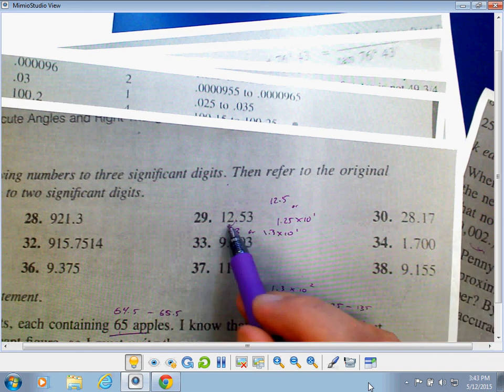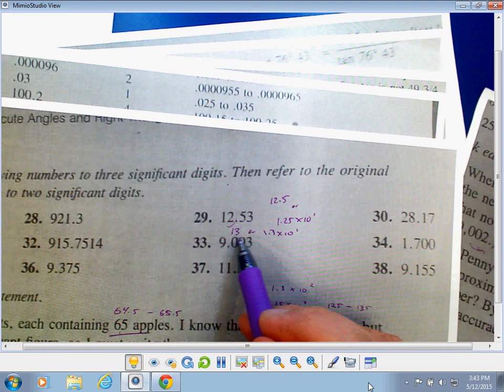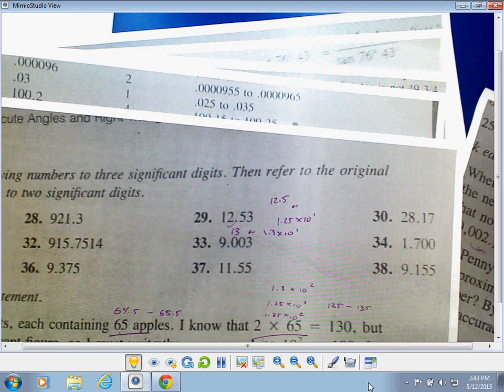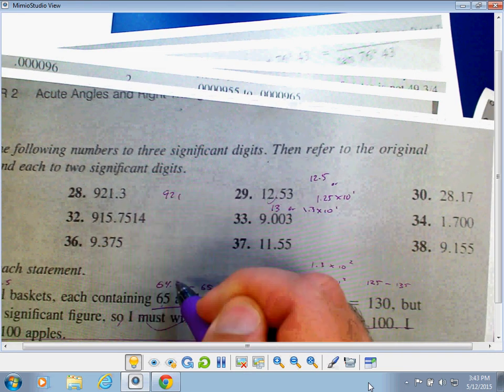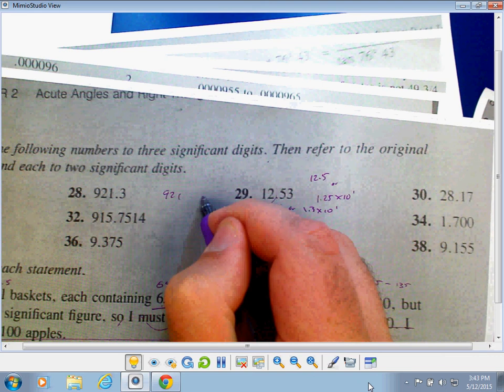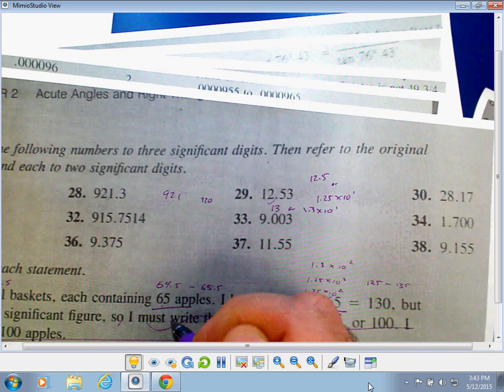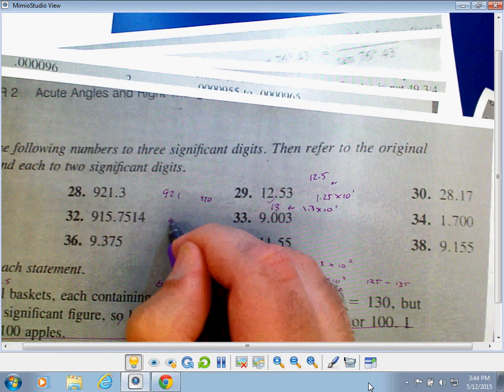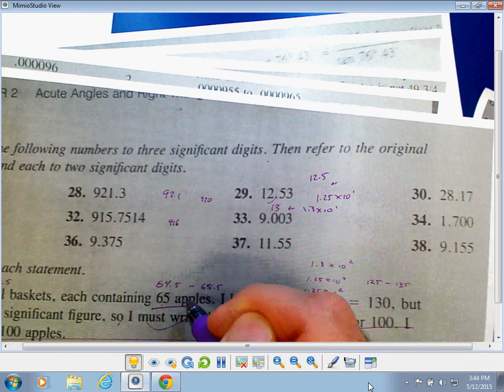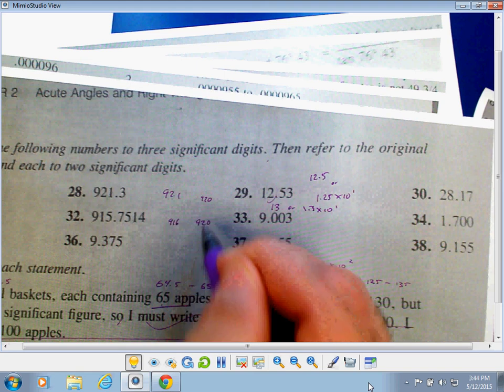Can you see how less precise it gets the fewer significant digits you have? That's a great lesson in understanding why you would do it. This one, 3 significant digits would be 921. 2 would be 920. Here, 3 significant digits is 916. 2 would be 920.